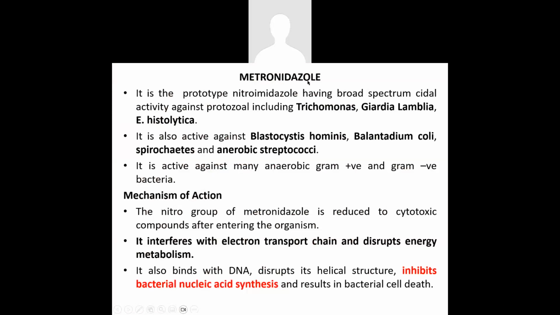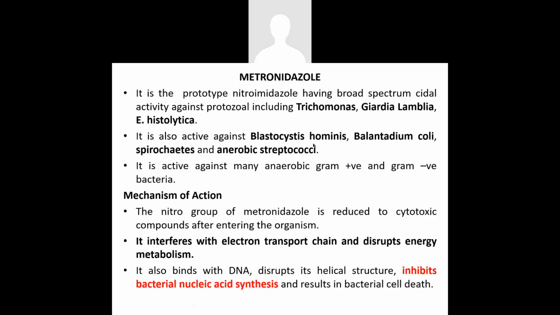The drug used for treatment of amoebiasis is metronidazole. It is a prototype of nitroimidazole having a broad spectrum of activity against Trichomonas vaginalis, Giardia lamblia, and Entamoeba histolytica. This is the most common pathogen that metronidazole acts on.